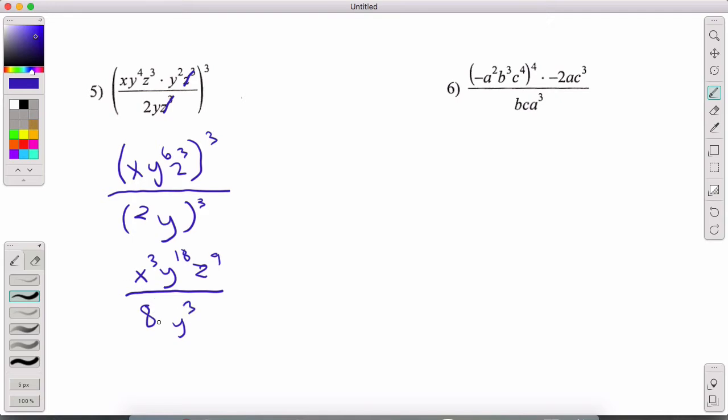And finally, we can simplify 3 y's in our denominator. We'll cancel 3 in our numerator, and that will leave us with 15 y's. So finally, x^3, y to the 15th, z to the 9th, and the whole number 8 in our denominator.